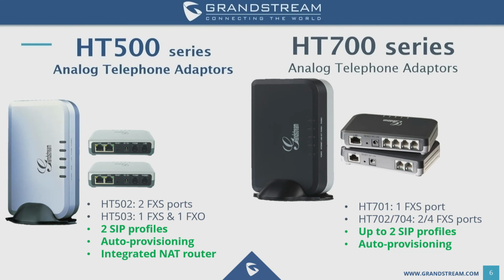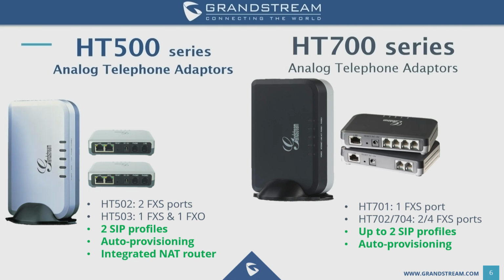So in the 700 series, we have the HT701 with one FXS port, and the HT702 and HT704, which give you 2 or 4 FXS ports. The 701 will give you 1 SIP profile. The 702 and the 704 will give you 2 SIP accounts, with auto provisioning, which you're going to see across all of our gateways and ATAs. The HT500 series is currently the longest running series of ATAs that we make.